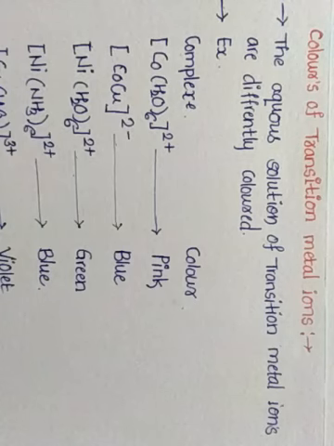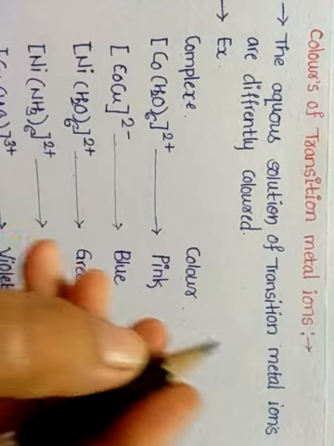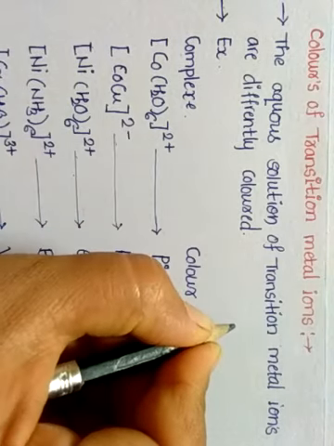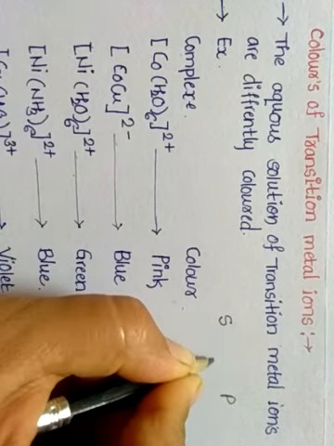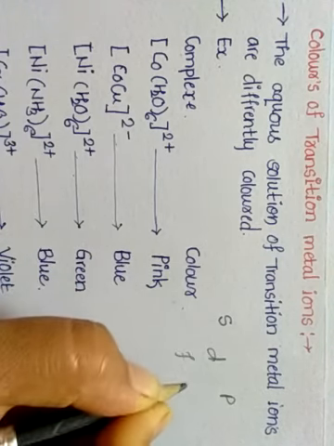Now the next part, we are going to deal with the colors of transition metal ions. The aqueous solutions of transition metal ions are differently colored. Now the question will arise, what are transition metal ions? As you already know, there are mainly four blocks of elements: s block, p block, d and f, isn't it?